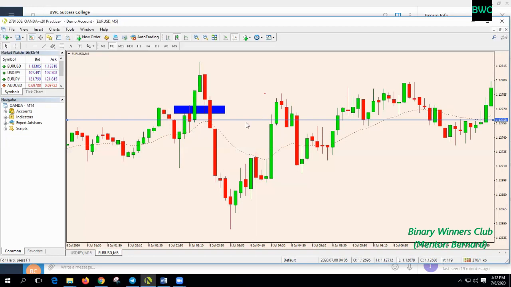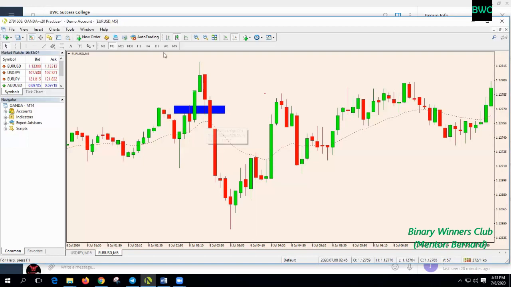Now, after that rule has been met, you wait for 1 or 2 more candles, 1, 2, 3, 4 more candles. I'll show you when to wait. Then a candle must retrace or come down to the zone.